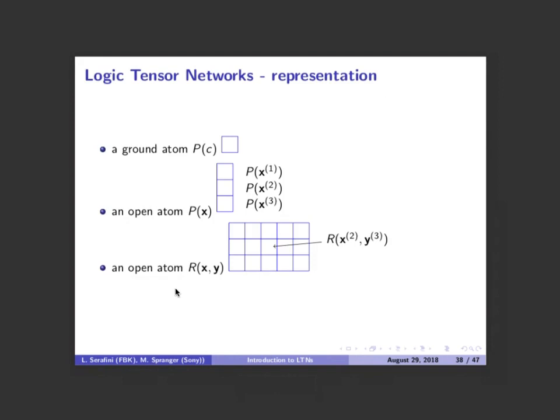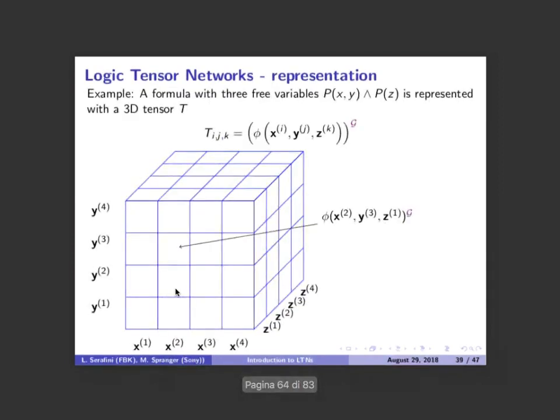And finally, when we get to a relation, we have that tensor. So if we represent things in a grounded way like this, that's where the tensor comes from.